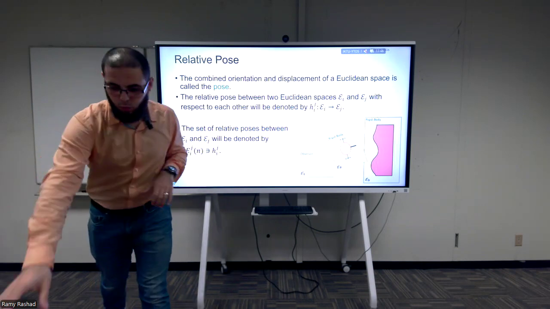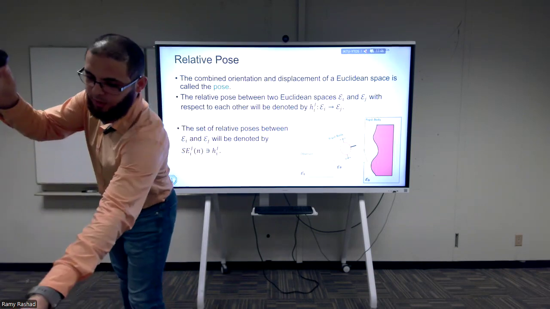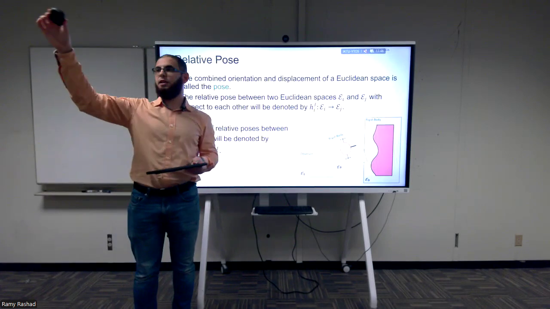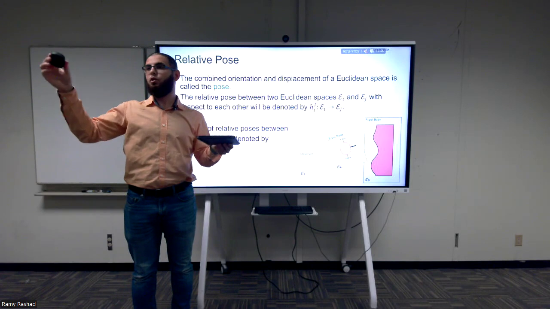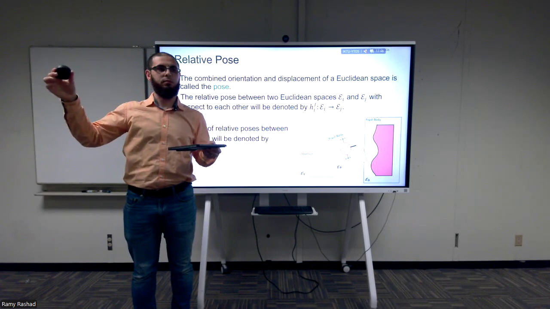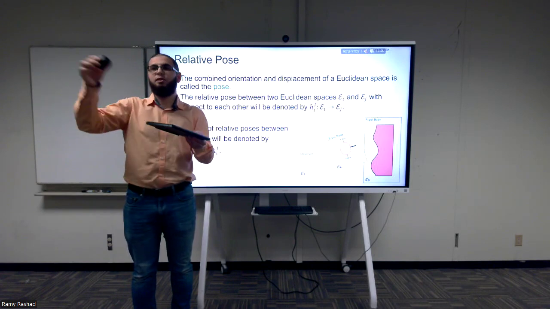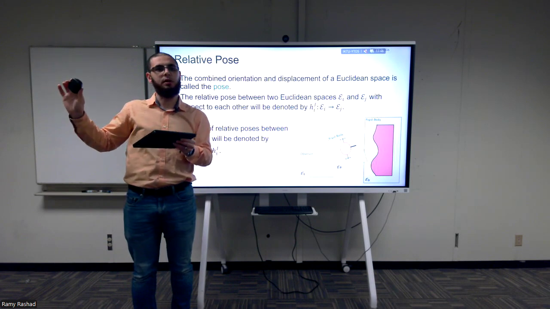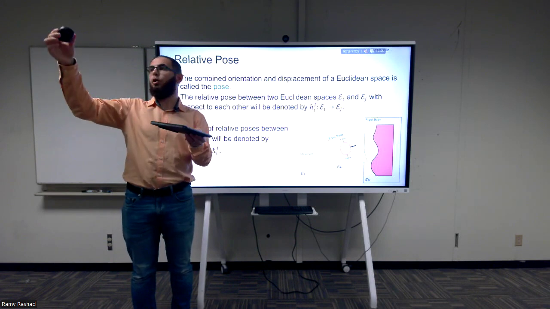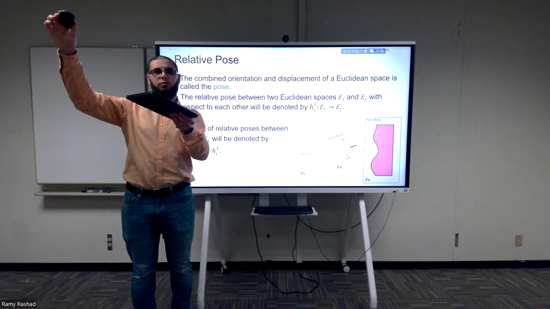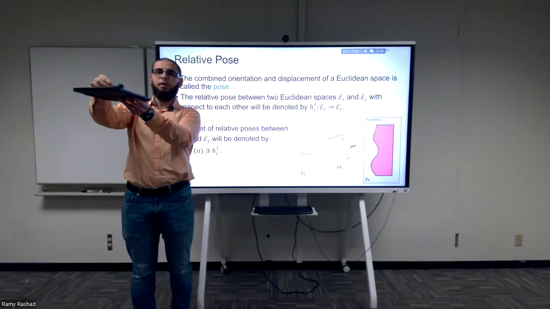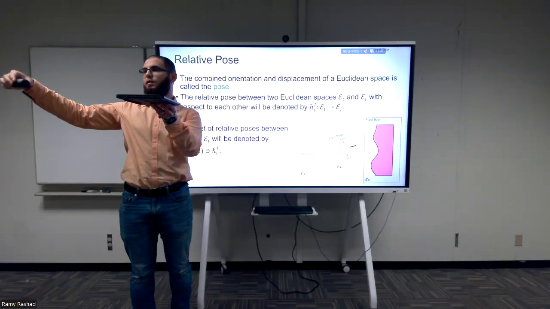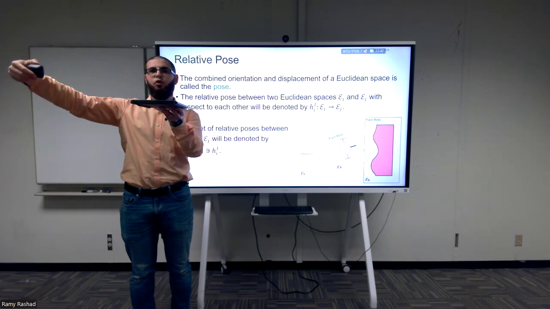If I give you two rigid bodies, a rigid body that lives in Euclidean space I and another rigid body that lives in Euclidean space J, can you describe the relative pose between them? Yeah, makes sense. Abstractly, it makes sense. Even without any numbers, I can talk about this moving with respect to that, or this is a relative orientation. So for example, here, they both have the same orientation, right? And the same position. Here, they don't have the same position. Like that, they don't have the same orientation and so on, okay?